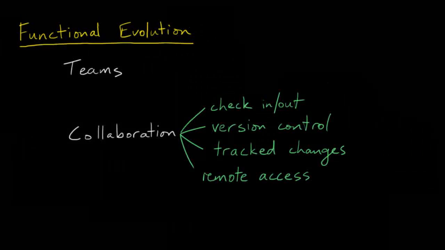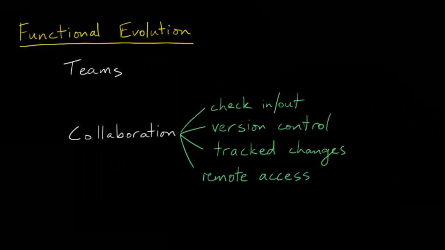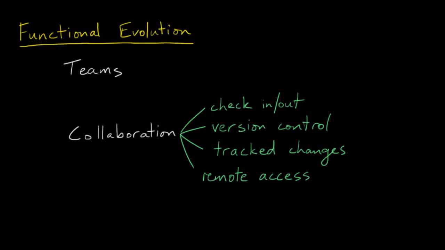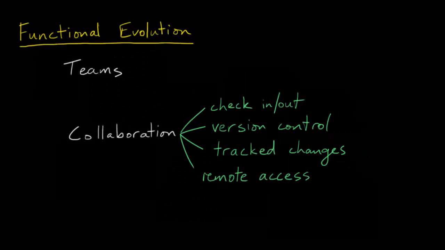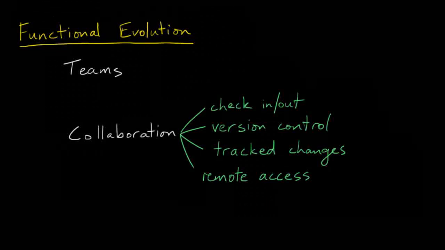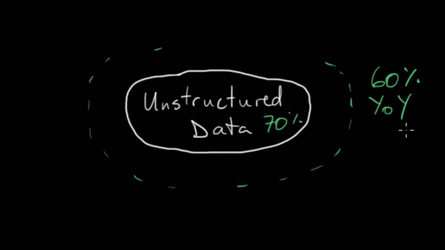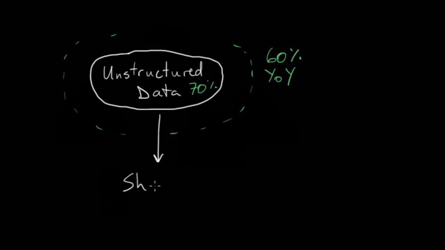So we want the ability to check in and check out the document. We want version control. We want tracked changes per each individual version, or the ability to rewind to a particular version. We want remote access to our content and get access easily from iPads and iPhones and Windows phones and Android devices and everything. So how do we do that? Well, I'm sure you've all guessed by now, we typically throw all this content into a SharePoint site.